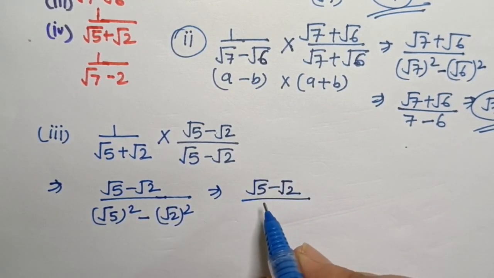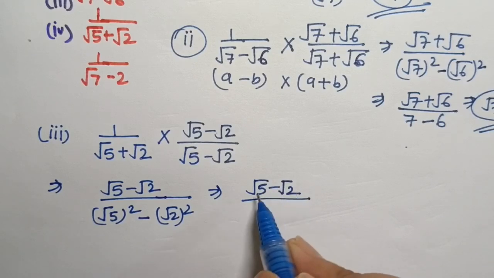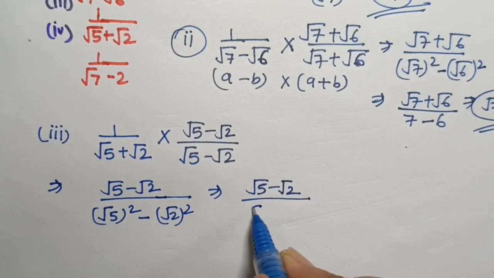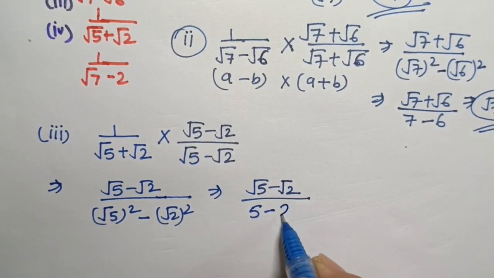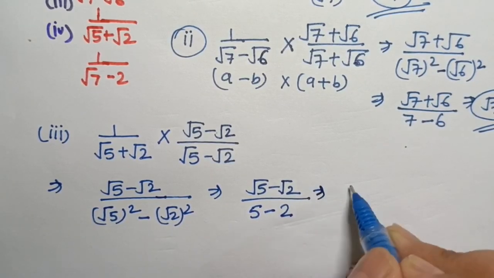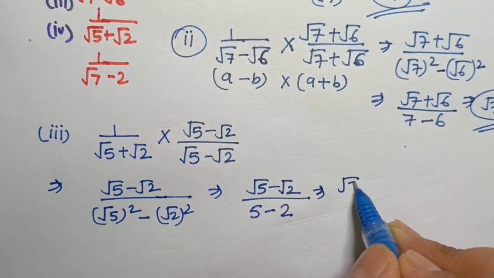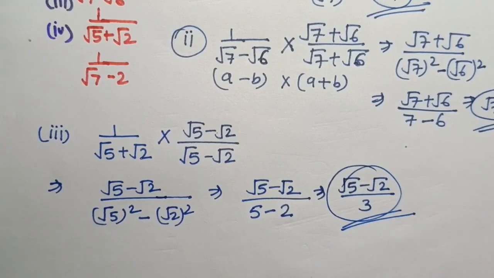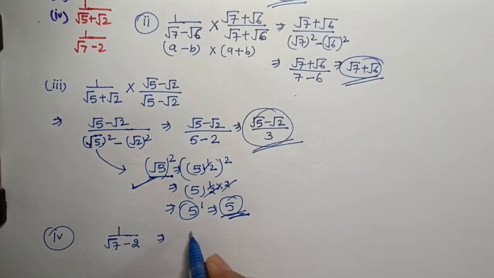So in the numerator you will have root 5 minus root 2, and in the denominator root 5 square is 5 minus root 2 square is 2. So 5 minus 2 is 3. The numerator, root 5 minus root 2, cannot be subtracted, because the values are different, their bases are different. So root 5 minus root 2 upon 3 will be your answer.